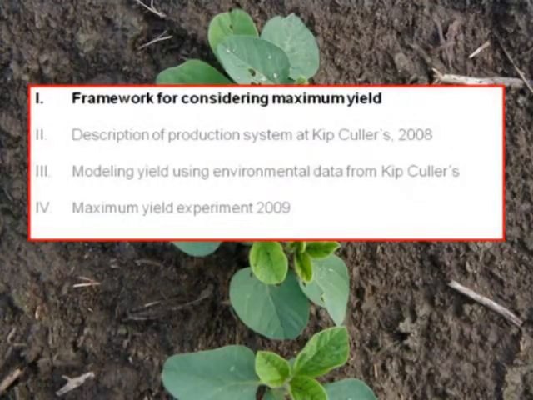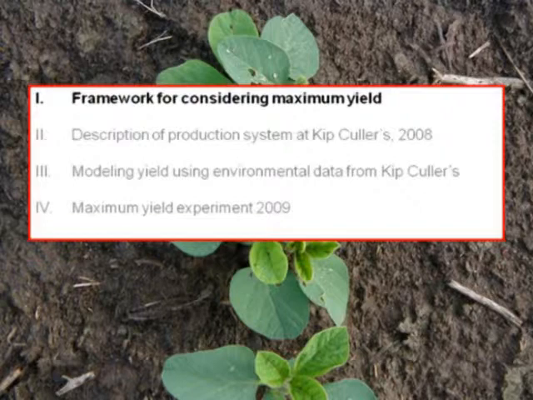This morning what I want to do is look at first just a framework for what soybean yield actually is due to, how soybean yield comes about, what are those resources that crops need to produce yield. We'll look at a description of Mr. Culler's production system and some key things that we think go into this production system that are responsible for these high yields.